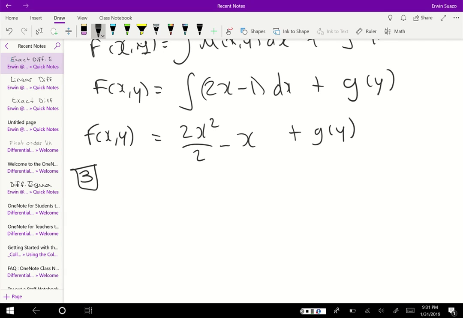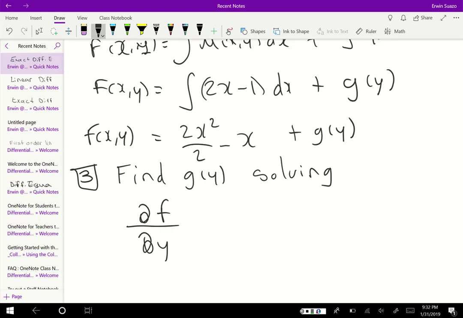My third step is to find g of y. For that I need to solve the derivative of f with respect to y equals N of x,y.